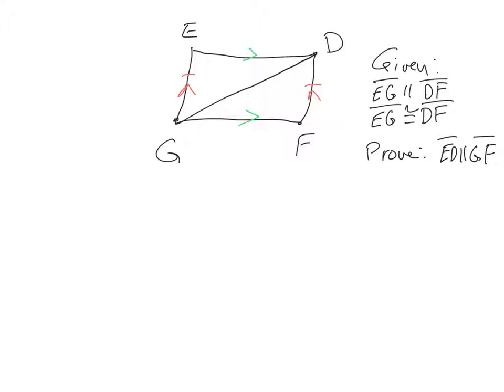Okay, here we are at the beginning again of the proof, and this time you can see that I've got the given still there, and I've got what I want to prove still in green. Okay, I've set up my statements and my reasons.